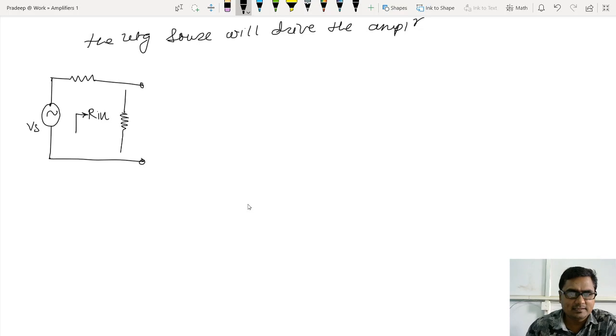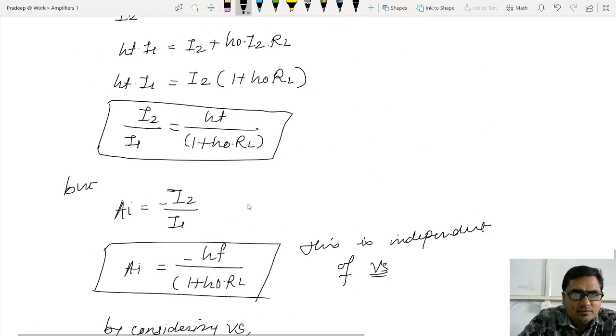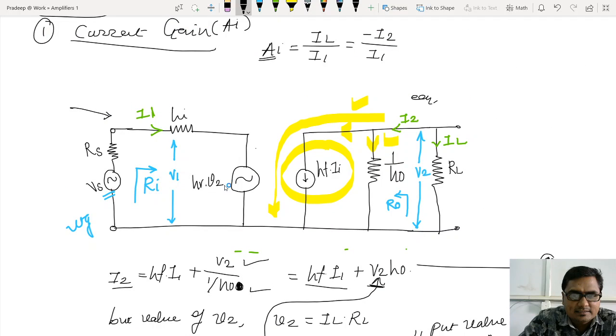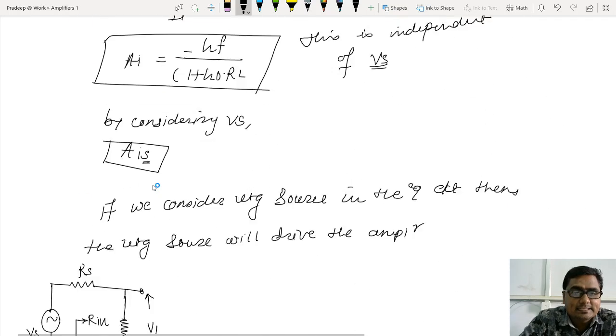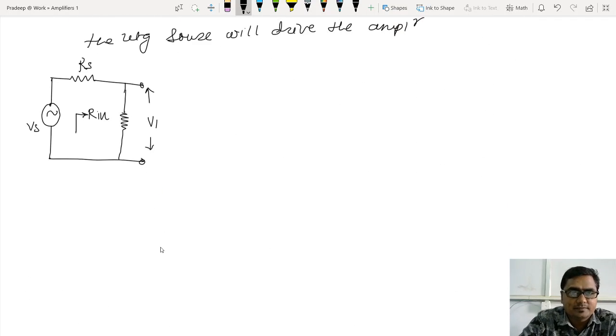What is Rin? Rin is the input impedance of an amplifier. We'll call this Rs, and this is Rin. And this is V1, the input voltage to the amplifier. Is it the same that we have already drawn here? Look at this. This is Vi, that is the input voltage, and this is Ri, that is the input impedance. Is it? So the notation is Ri.